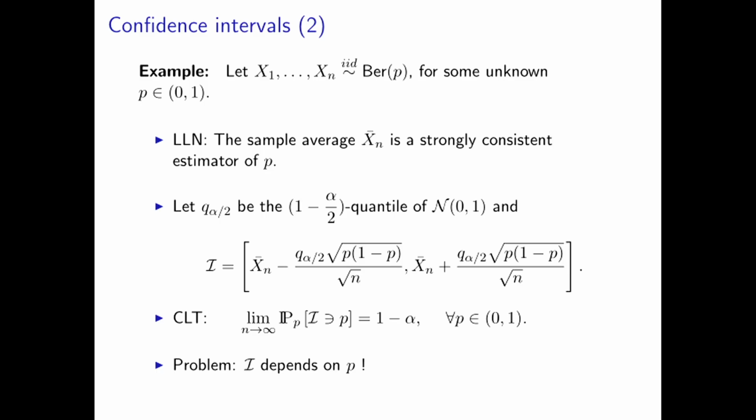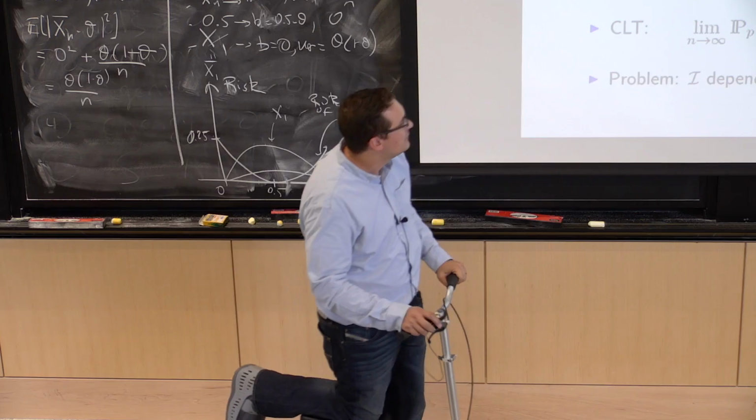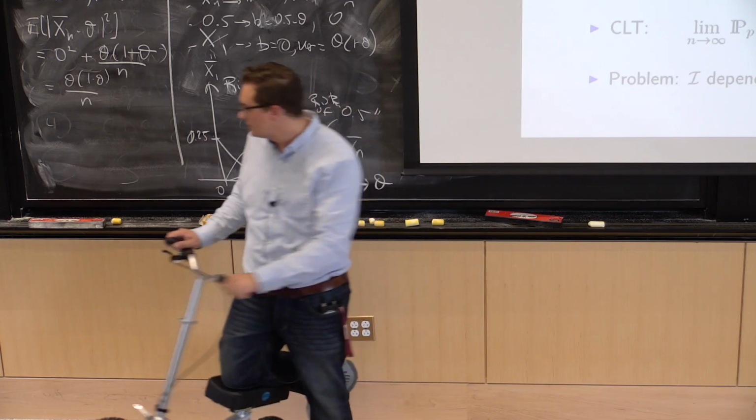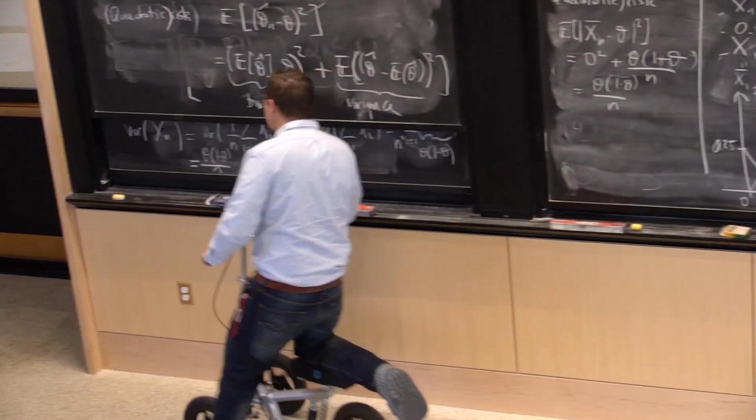And now, thanks to the central limit theorem, we actually built a confidence interval at asymptotic level 1 minus alpha, all right? And so this is how we did it. Let me just go through it again.